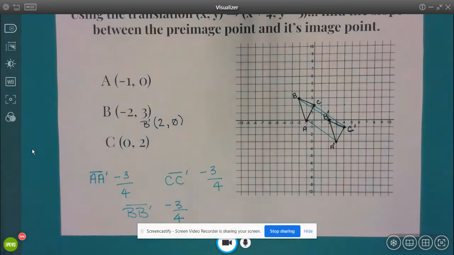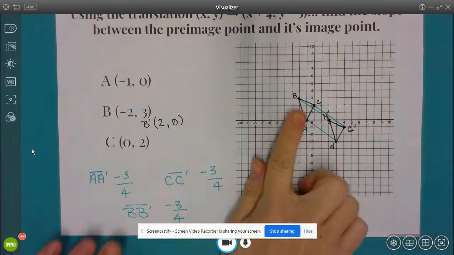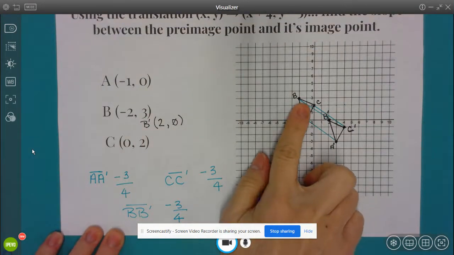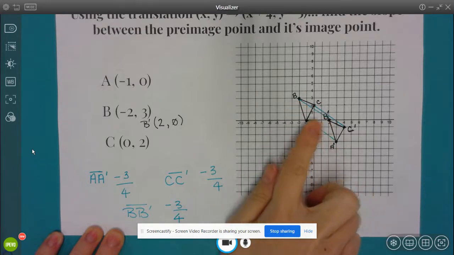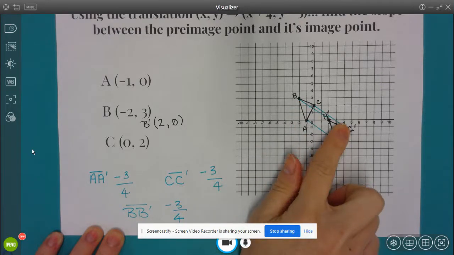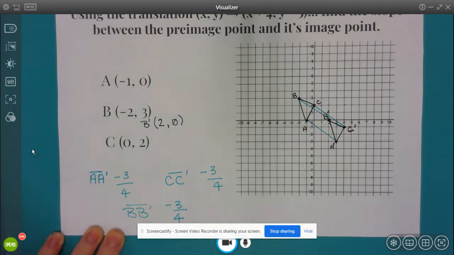So what this is showing us is that the direction that our points are moving creates these parallel line segments because all I am doing is sliding my picture to the right and down, or to the right and up, or left and down, or left and up.